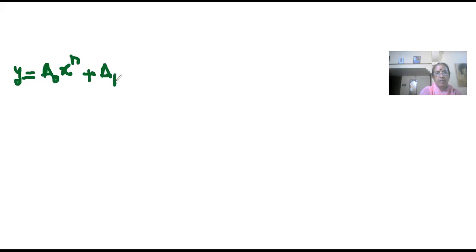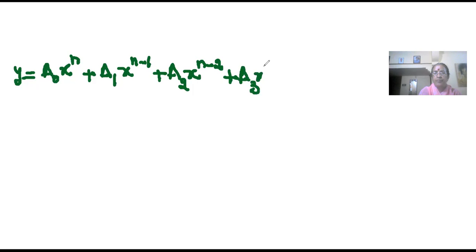When r equal to 1, this becomes A1 into x power n minus 1, and the next one plus A2 into x power n minus 2 plus A3 into x power n minus 3 plus A4 into x power n minus 4.